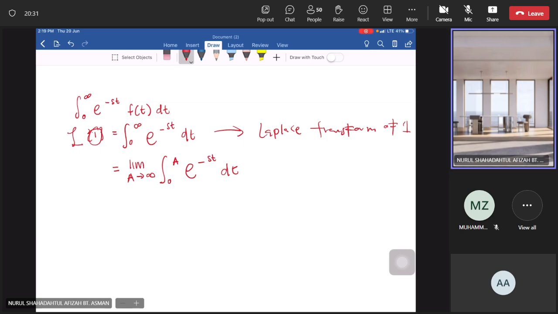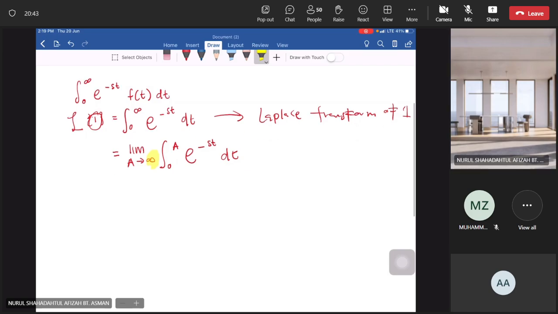Because we can't evaluate this infinity, that's why we use the improper definite integral. So we assume that s is greater than 0. So this is the assumption.